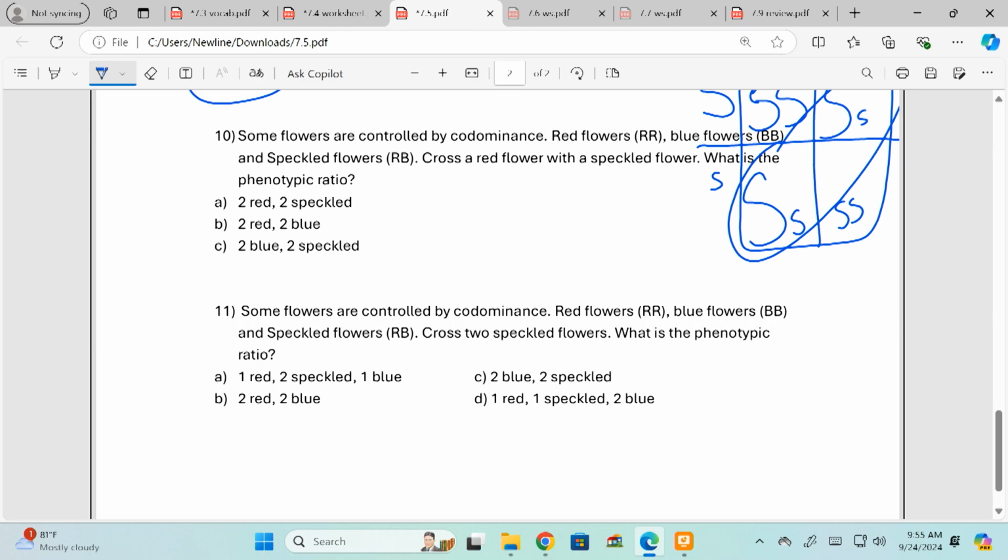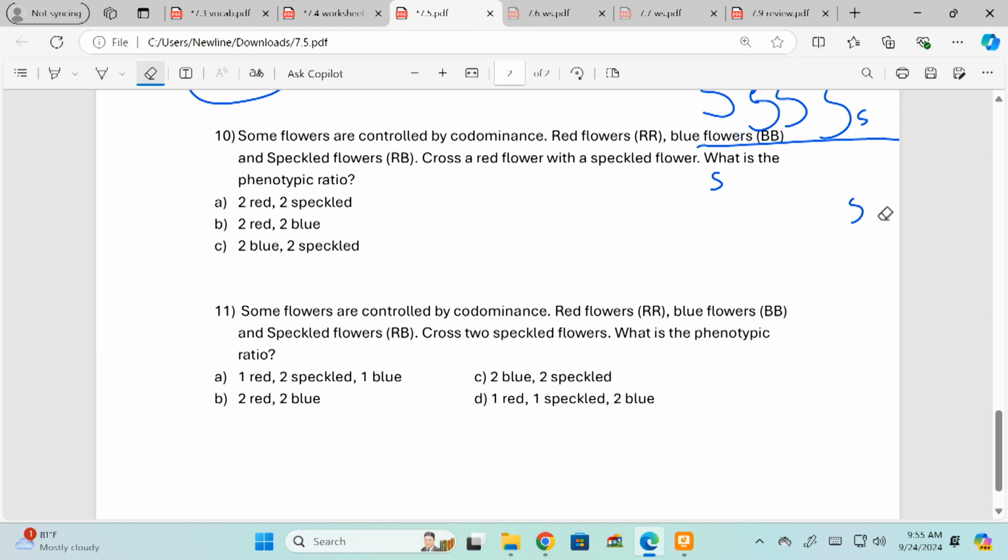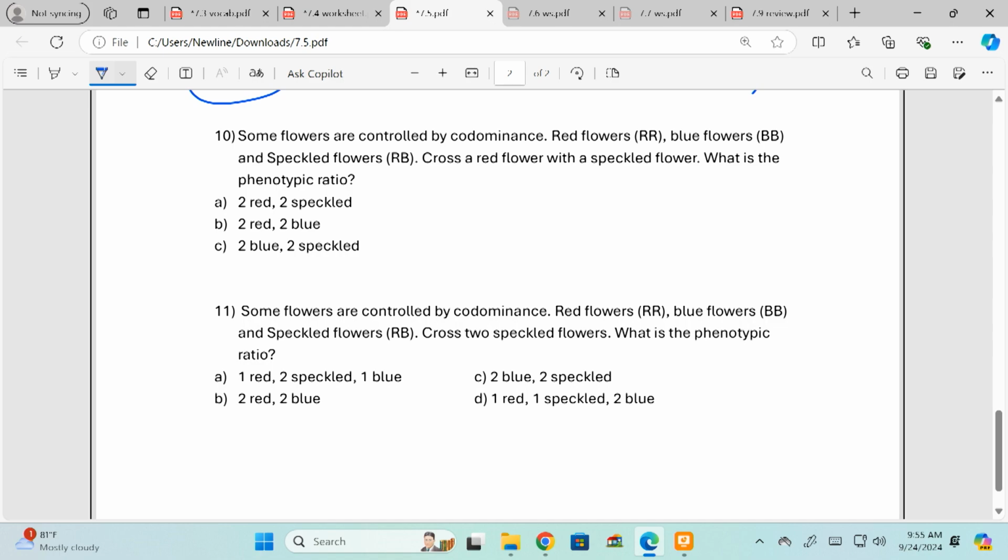Number 10 says, some flowers are controlled by codominance. Red flowers, blue flowers, and speckled flowers. Cross a red flower with a speckled flower. What is the phenotypic ratio? Okay, let me erase some of this. So it says cross a red flower, this is red, with a speckled flower, this is speckled.